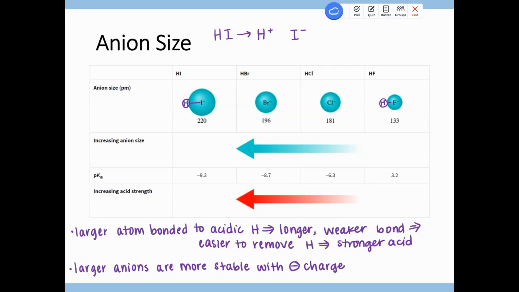So larger anions are more stable with a negative charge. So it is easier to remove hydrogen from the acid to form the anion, which means stronger acid.